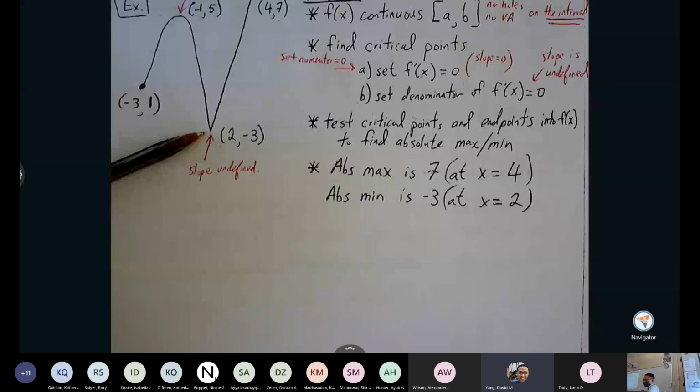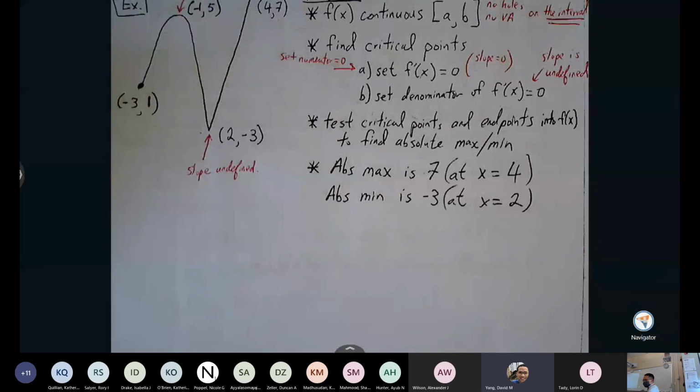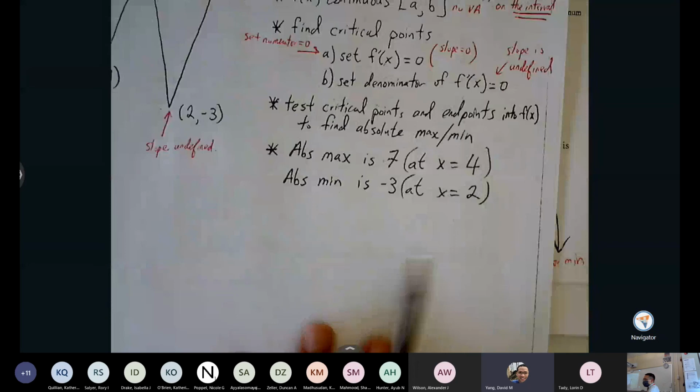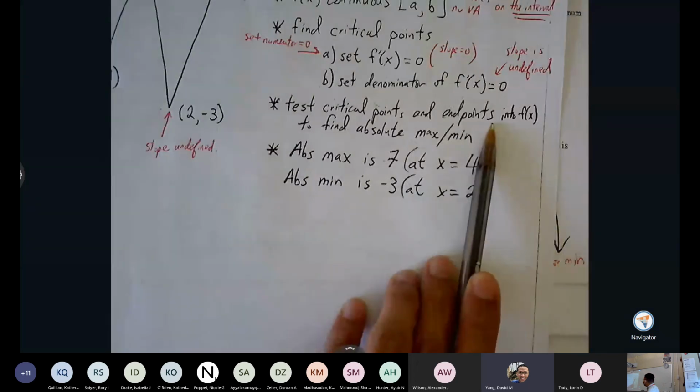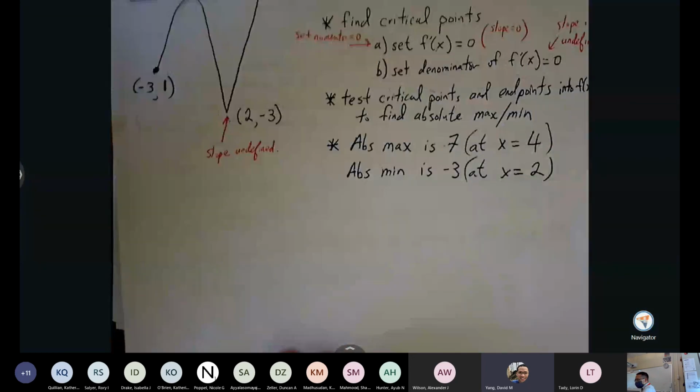So let's say we found these critical points, -1 and 2, and then we also consider endpoints of -3 and 4. Then we're going to take all those x values and put them into the function to get information about their y values. When we do that, f of -3 will give us 1. Let's say we got 1, 5, -3, and 7.